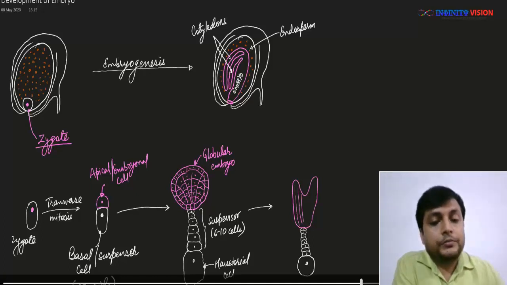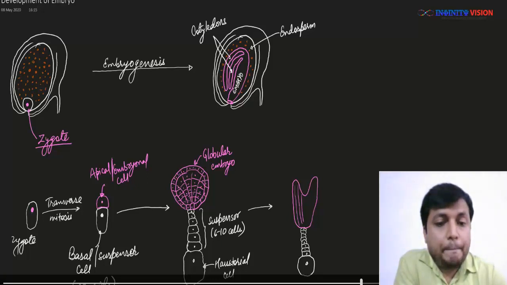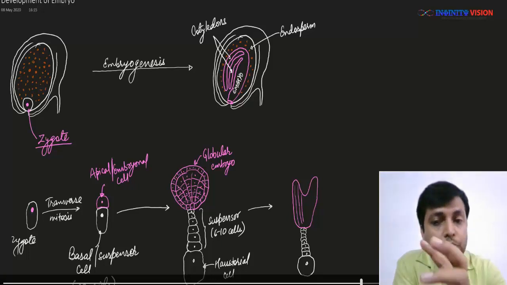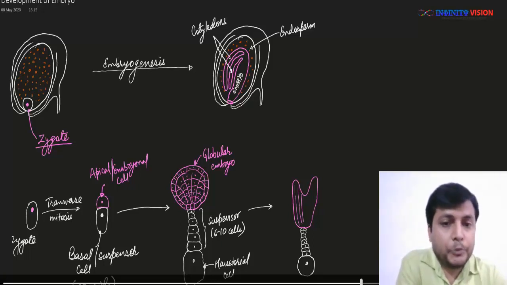Okay, now when the suspensor grows, this pushes the growing embryo further into the endosperm, or it pushes it towards the chalazal end into the endosperm. Okay, that's why it is endoscopic movement.